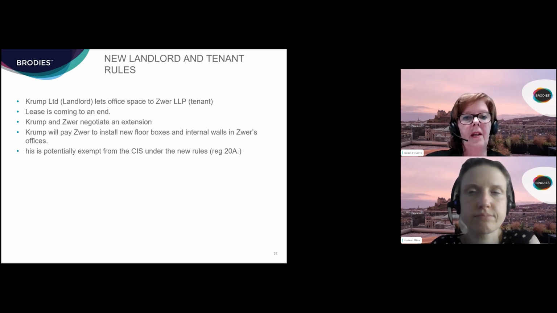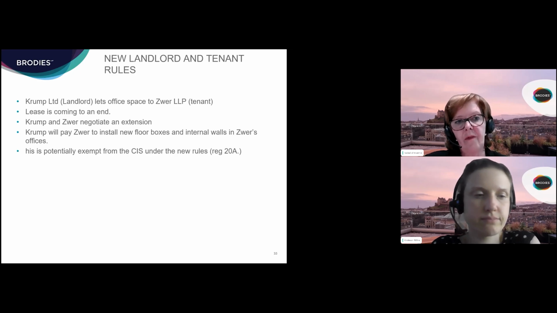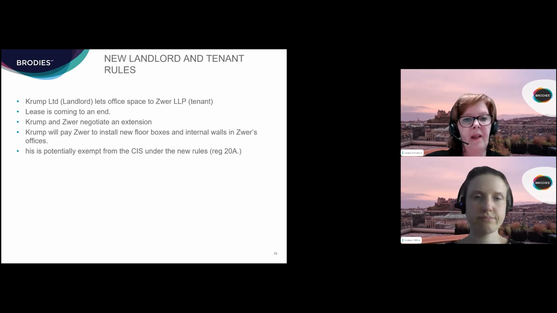So in this situation, the new rules will apply, and the CIS will not have to be applied to the payment from the landlord to the tenant. So this is an example where the new rules work how people might expect, and there's a landlord to tenant payment, but you don't have to operate the CIS.